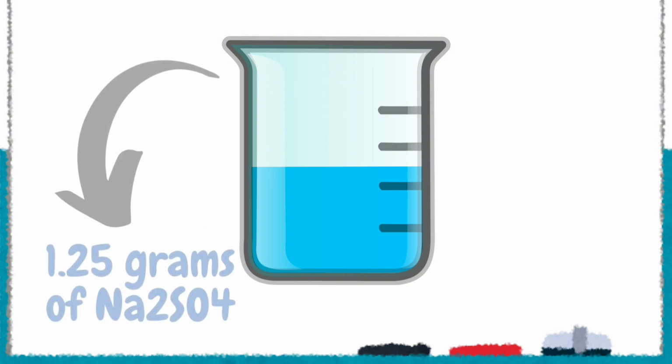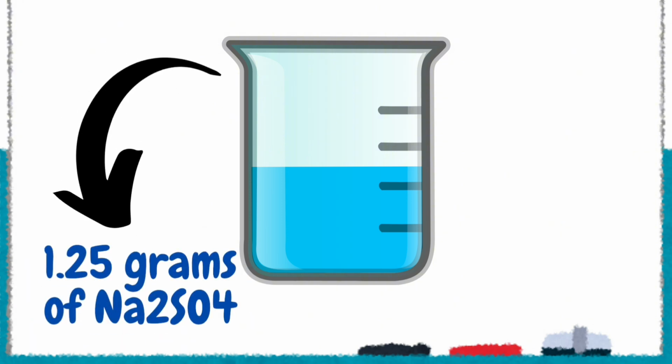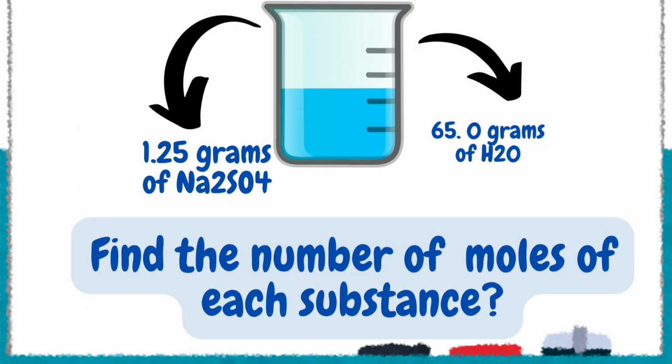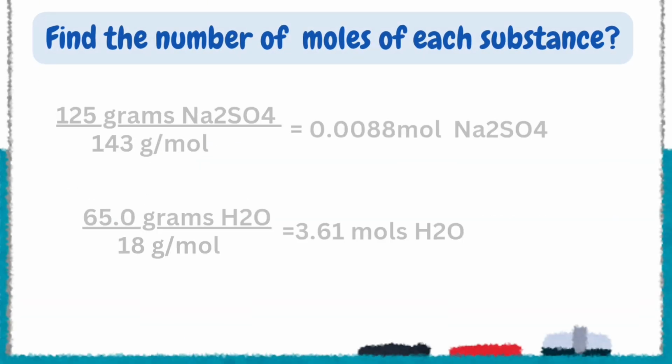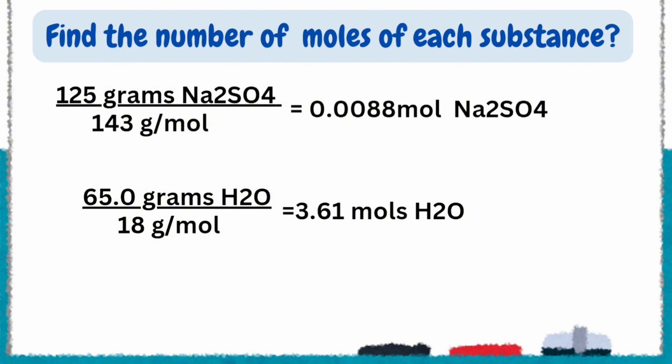We have 1.25 grams of sodium sulfate dissolved in 65 grams of water. First, we need to find the number of moles of each substance. 1.25 grams of sodium sulfate divided by its molar mass, 142 grams per mole, gives us 0.0088 moles of sodium sulfate.